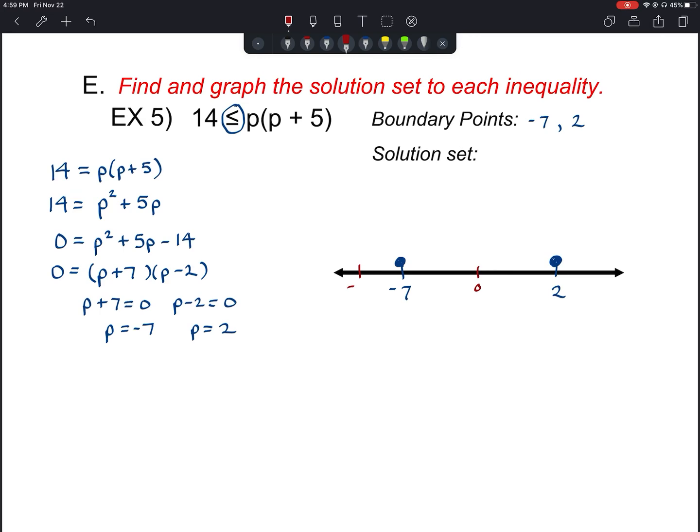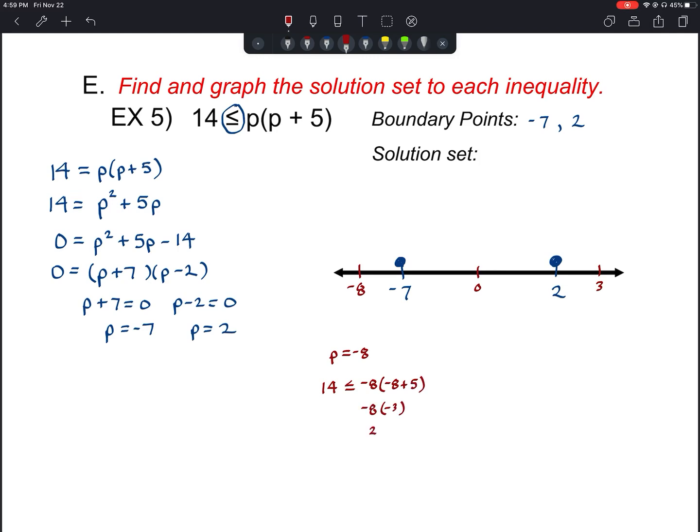I'm going to use 0, -8, and say 3. Any chance I can get to use 0, I usually try to use it there. So let's see here. We're going to do p is equal to -8. When we plug it in here, 14 is less than or equal to -8 times the quantity of -8 plus 5.